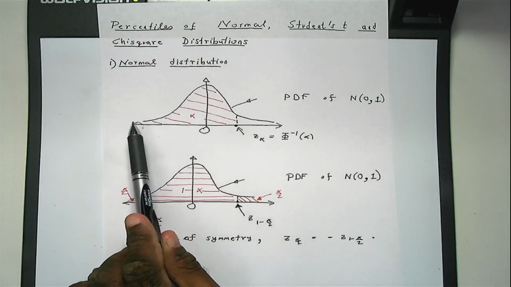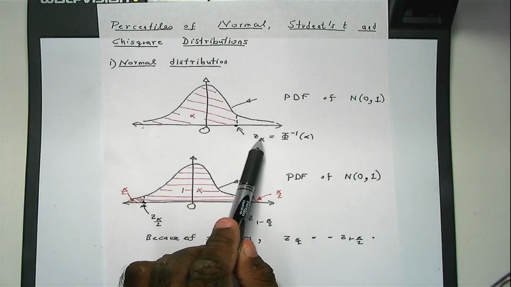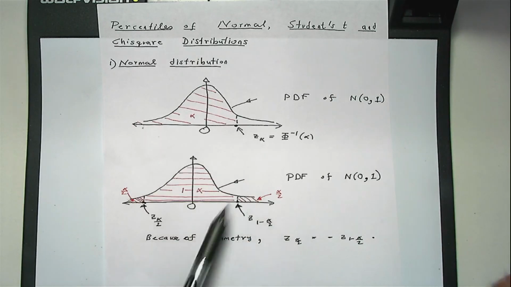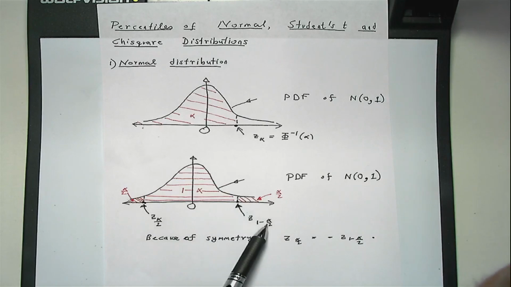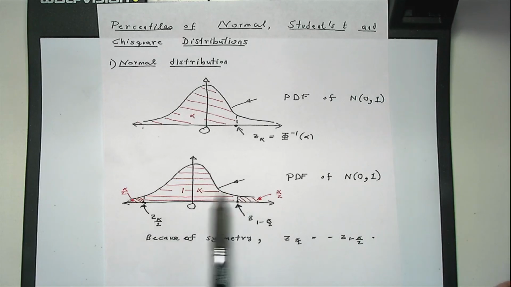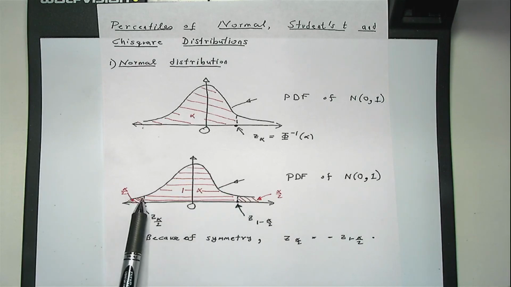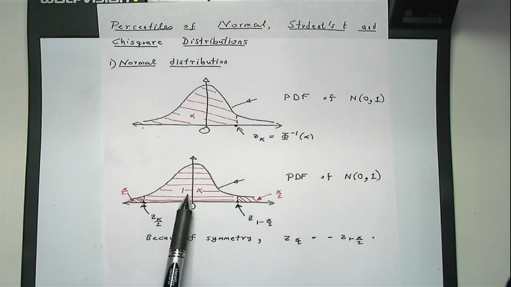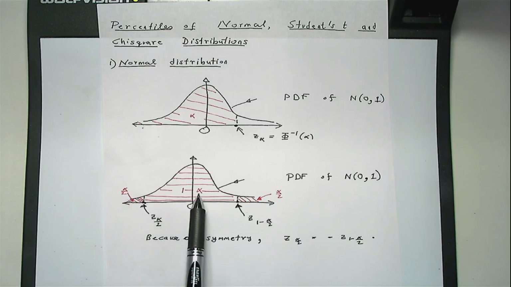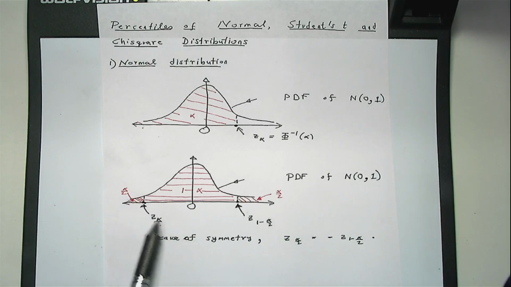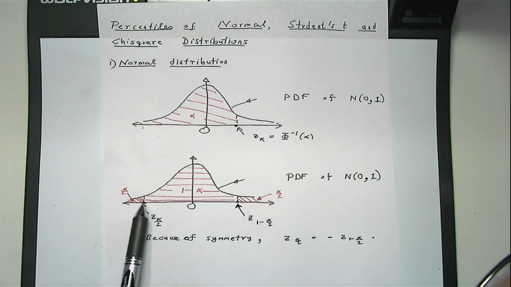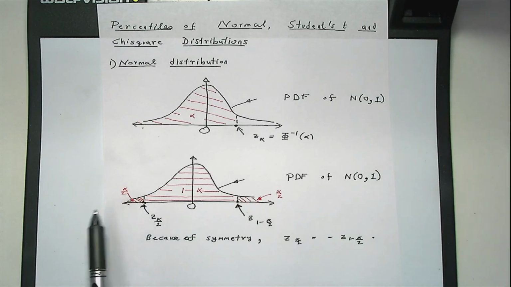So here this is z alpha, here this is z 1 minus alpha by 2, because you have an area of 1 minus alpha between these 2 points, an area of alpha by 2 beyond this. So alpha by 2 plus 1 minus alpha is 1 minus alpha by 2. And for this point, this is z alpha by 2, because the area to the left of this point is alpha by 2.